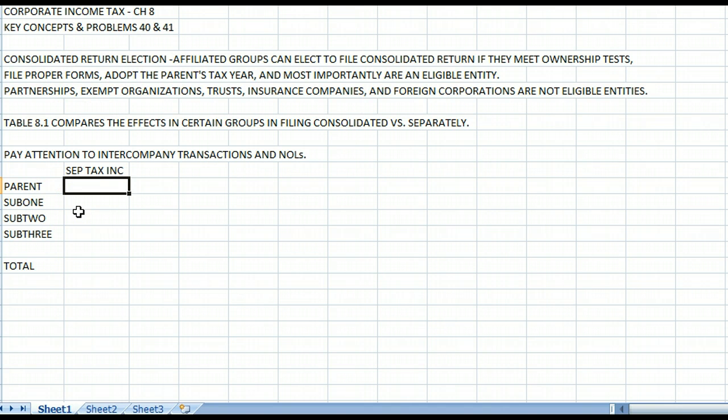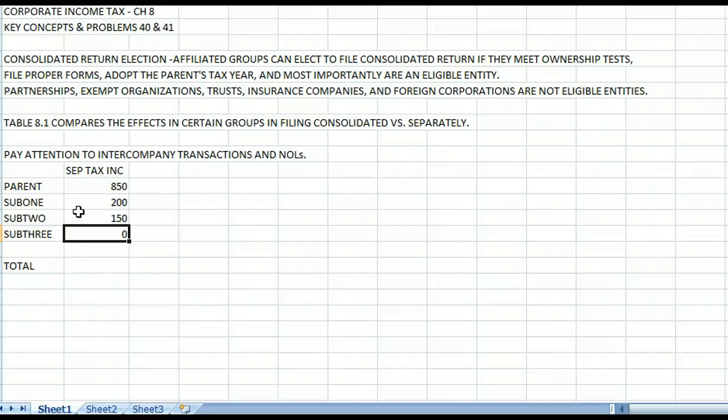For the separate taxable income, you can find this on page 839 in your book. It shows you is $850 for the parent, $200 for sub 1, $150 for sub 2, and a -90 for sub 3. Because we're looking at how we're going to share in the tax liability, you want to put this in as a 0.